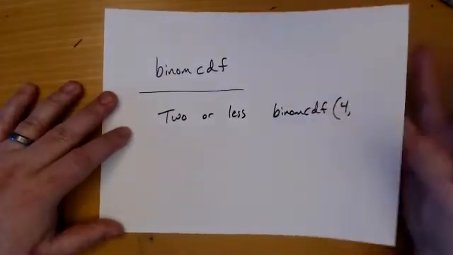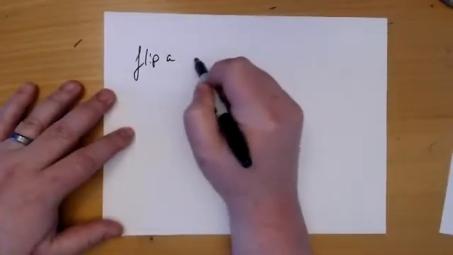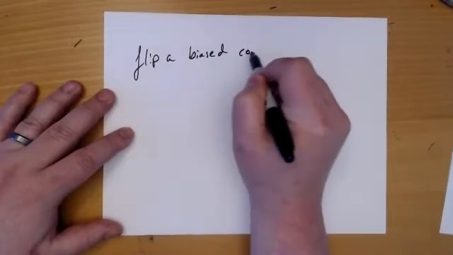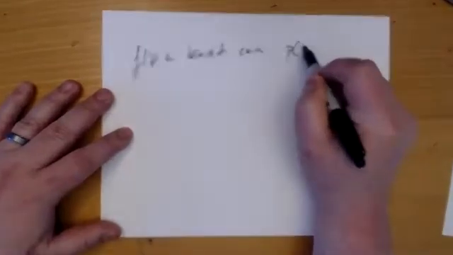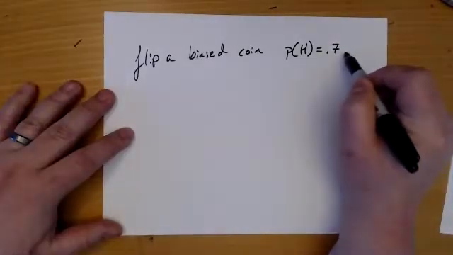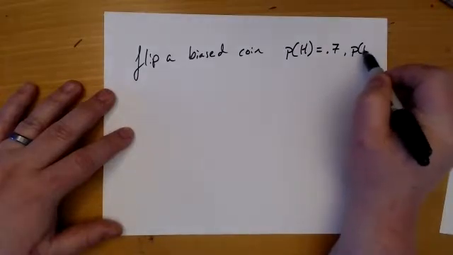All right, so let's do it like this. Let's flip a coin. Flip a biased coin because it's more fun. Probability of a head is 0.7. Therefore, the probability of a tail is 0.3.